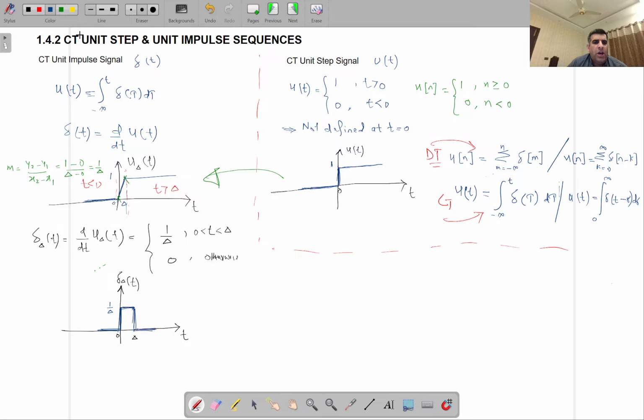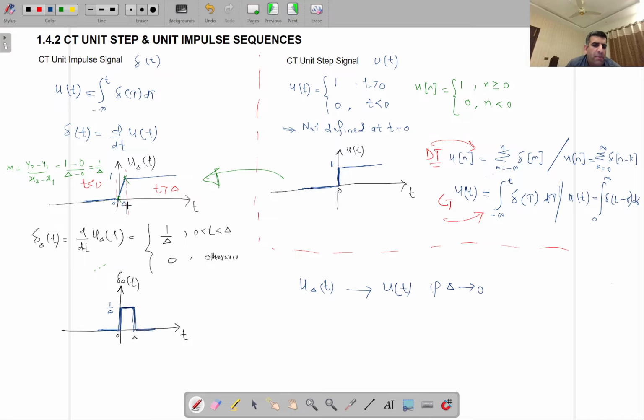Okay, so now let's get back to the approximation which we assumed in the beginning. Our approximation was that from u of t, we plotted u delta t and then did all this derivation. Now u delta t is going to approach u of t, which means that this particular signal is going to become u of t if delta approaches 0.